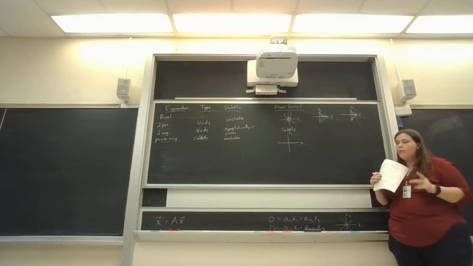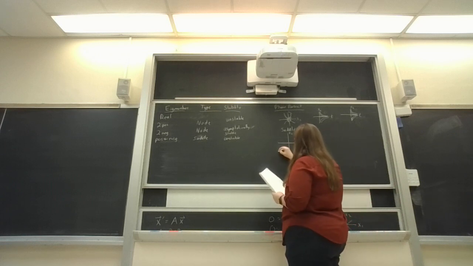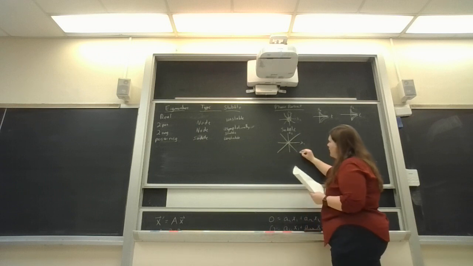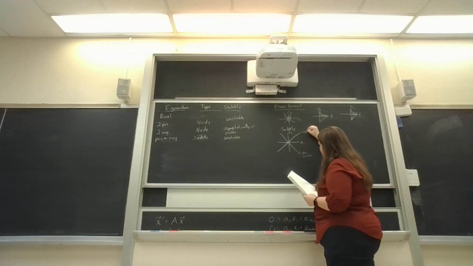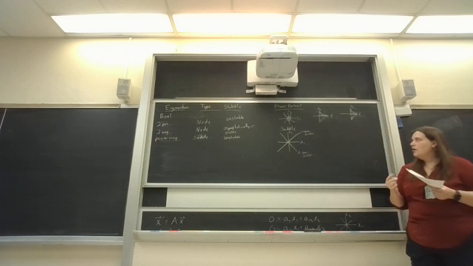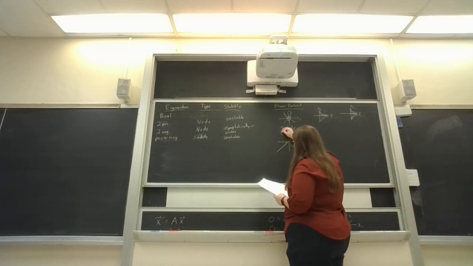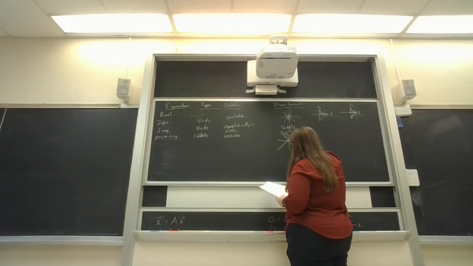Okay, so for our saddle points, what this is going to look like is through the origin, we're going to have our eigenvectors. And then if we were to draw our trajectories, we would get one of these situations.